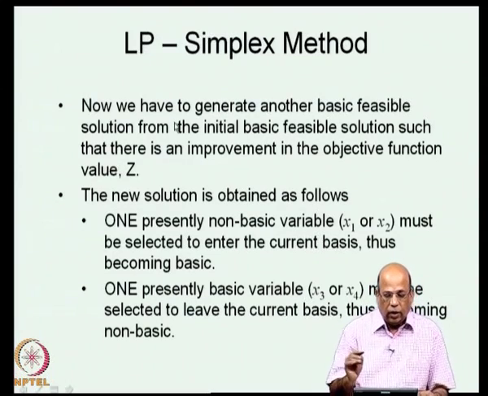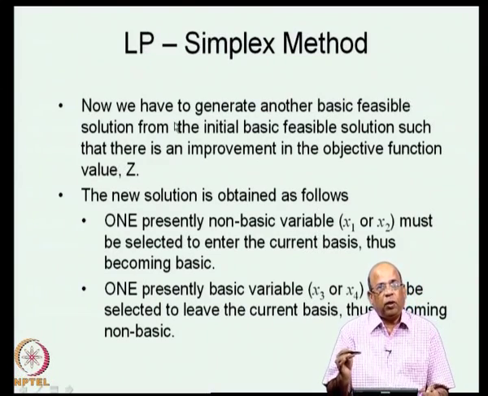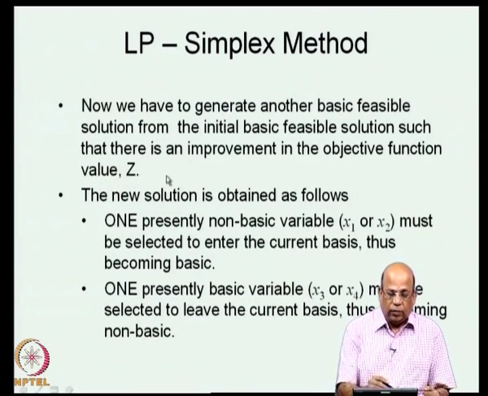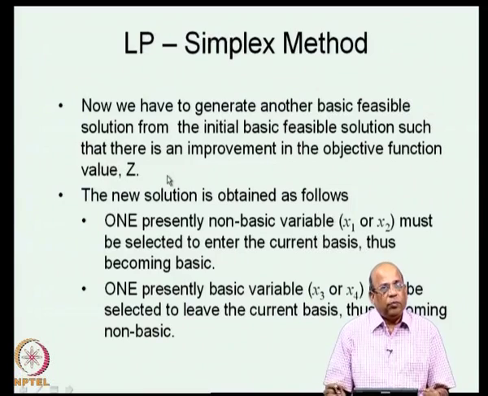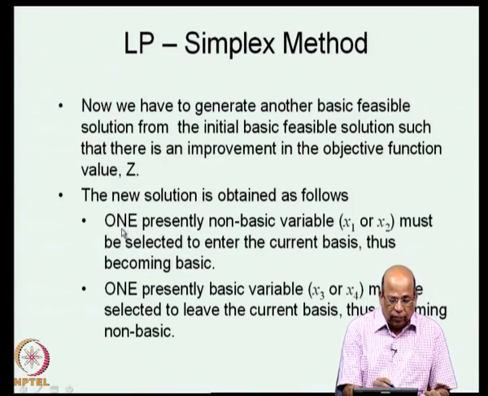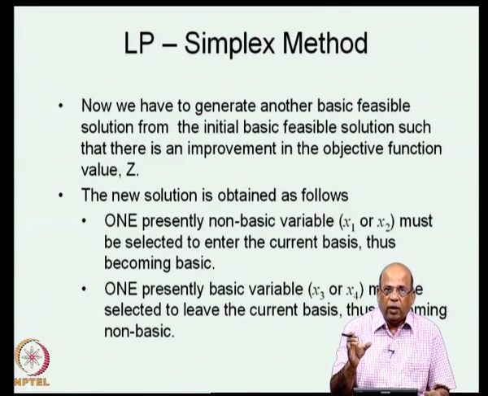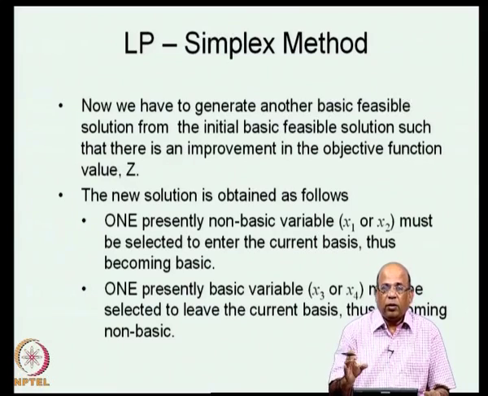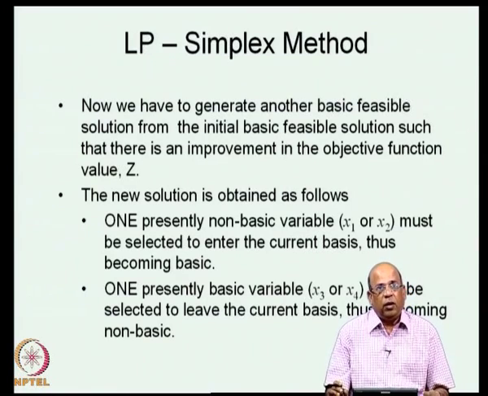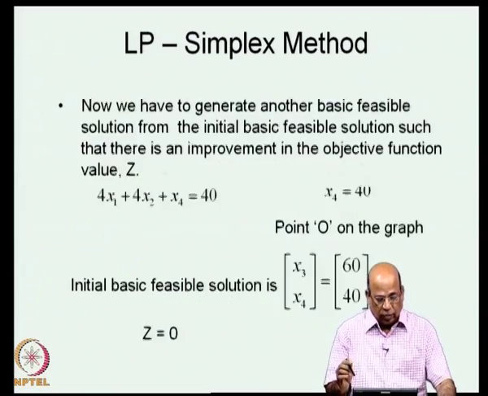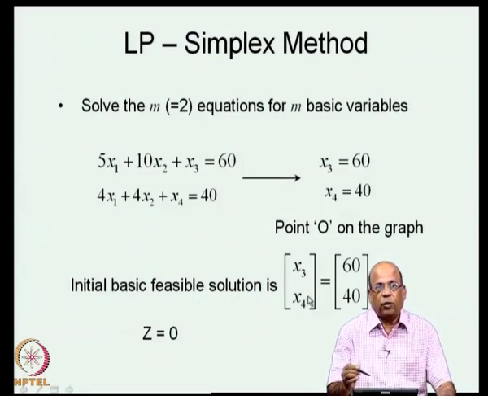So, we have to generate another basic feasible solution from the initial basic feasible solution, such that there is an improvement in the value of z. In the current step, you have a basis, a set of basic variables, that is in this particular case x3 and x4.